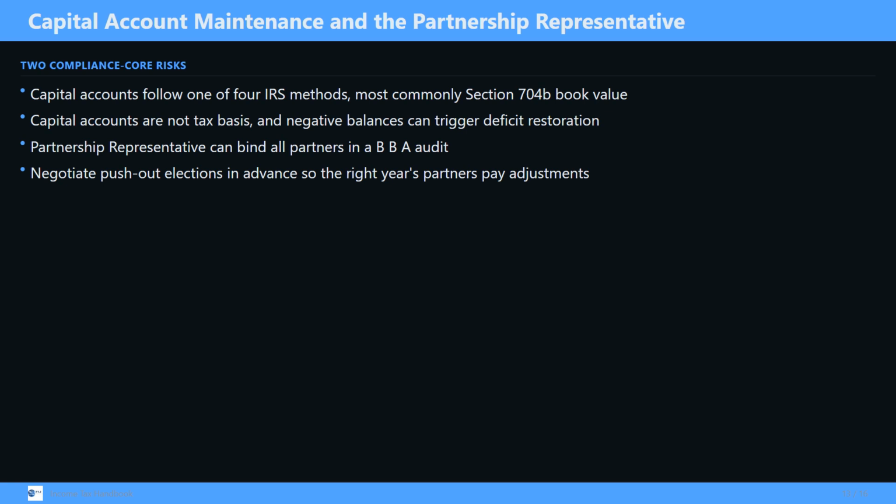Separately, the partnership representative required under BBA can bind every partner in an audit, so partners should negotiate push-out elections into the partnership agreement in advance to make sure adjustments get paid by the correct year's partners at their own actual tax rates.